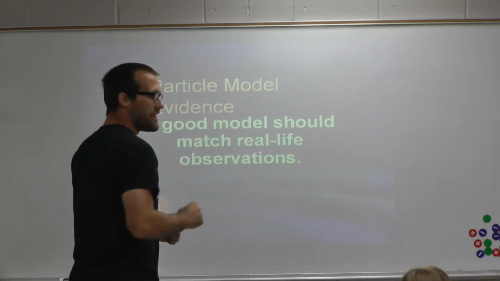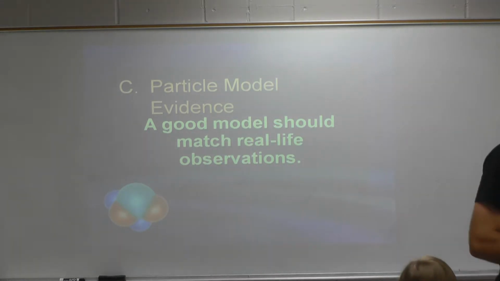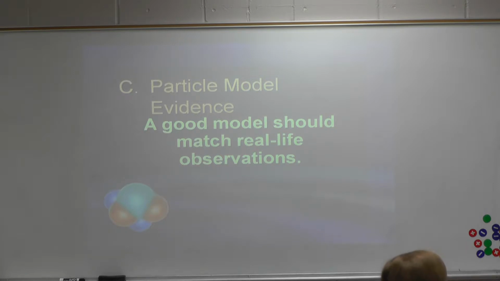The point is, most of the models we think of are visual, right? A model of an atom would be bigger to scale, and we need it to be, because we can't see an atom. But a model is a simplification of a complex process or idea. Maybe you want to write this down.